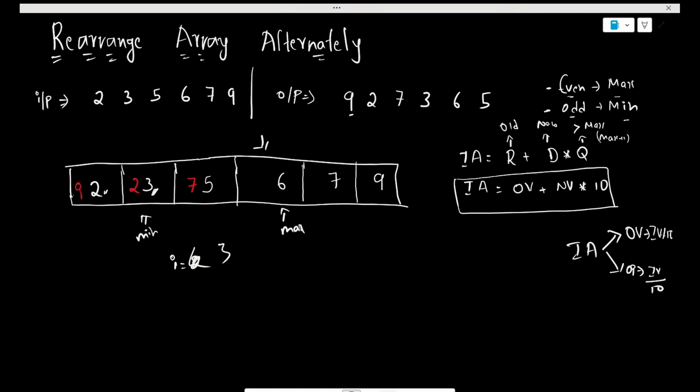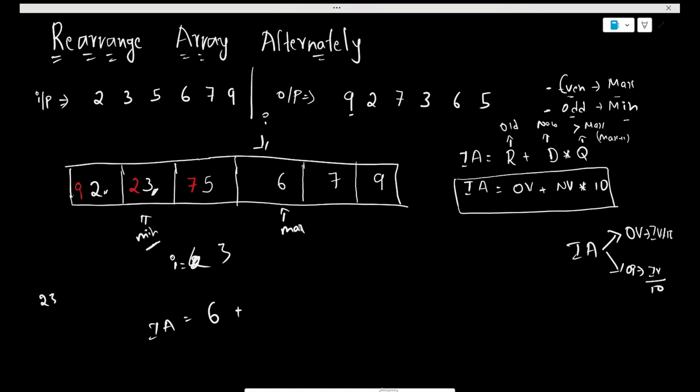Whenever I is equal to 3, that is odd. Odd means we need to take the minimum. So the minimum here is pointing to this block. So first, what's the old value? I is pointing to 6. So 6 plus, here min is pointing to 23.